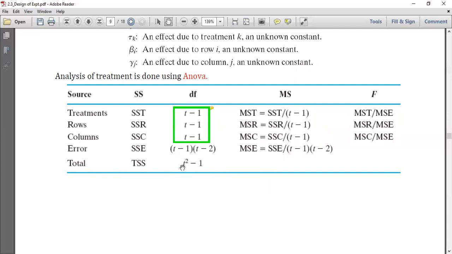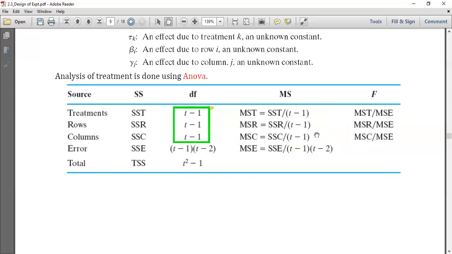In the earlier case we had 5 levels, 25 experiments were there, so 24 would be the degrees of freedom. Here individually we will have to take level minus 1, and it is the same for all factors. The remaining degrees of freedom, total minus this summation, will be the degrees of freedom for the error. The rest is similar to the ANOVA experiment we have to perform. That is what you can learn over here.